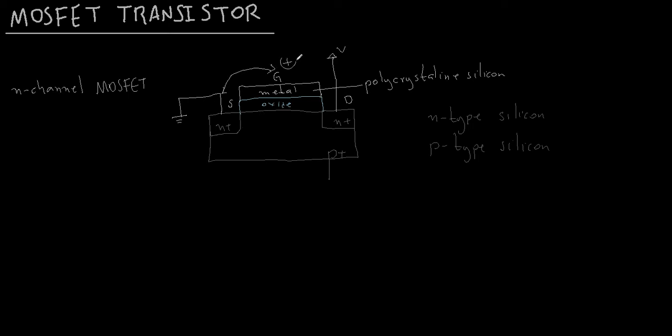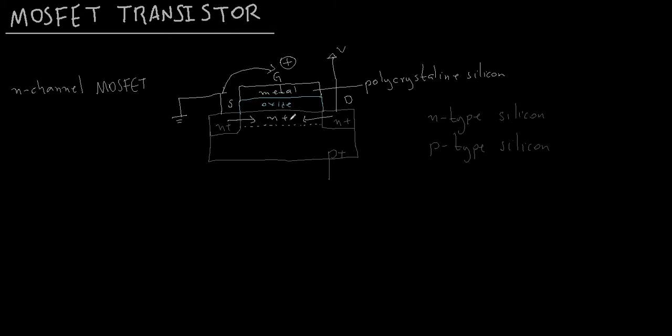The N-type silicon has an excess of electrons, so if you apply a positive voltage here, some electrons are going to move from the N-type into the P-type, and that's going to create a small channel here. This is going to convert this little channel into N plus type, because we are drawing more electrons into this area.